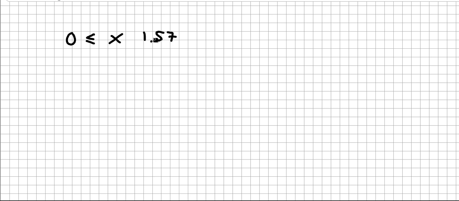I'm including 0 because it's increasing here, but it's not increasing when it's at 1.57. So that's why I'm not going to include 1.57. So within this interval, the function, or f of x, is increasing.